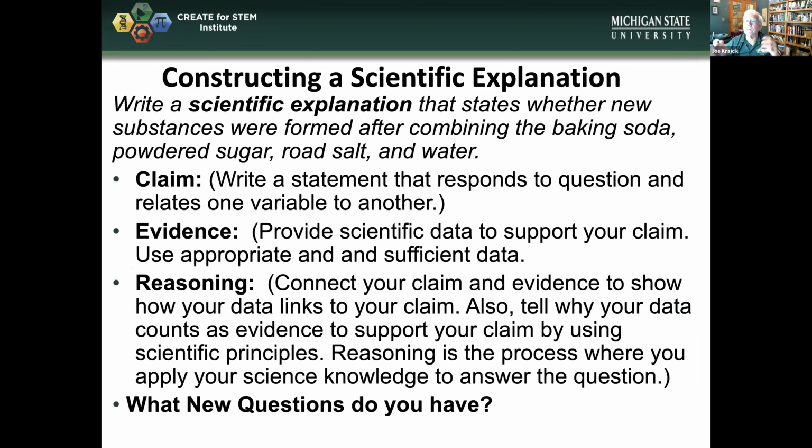Her claim is new stuff is formed when baking soda, powdered sugar, road salt, and water were mixed. Right? So that's her claim. Does she write an appropriate claim? An appropriate claim should respond to the question, and it should relate one variable to the other variables.